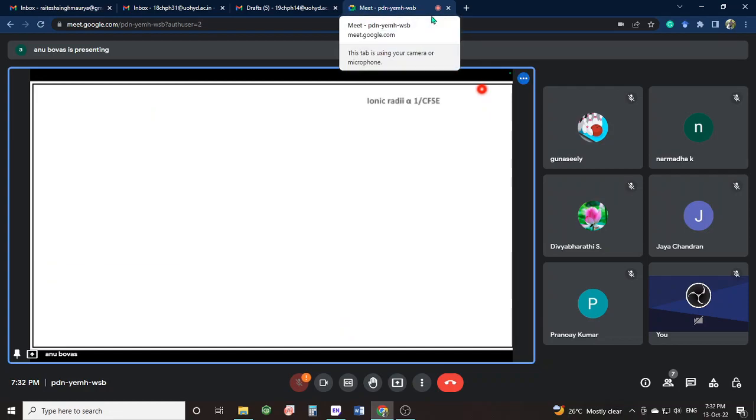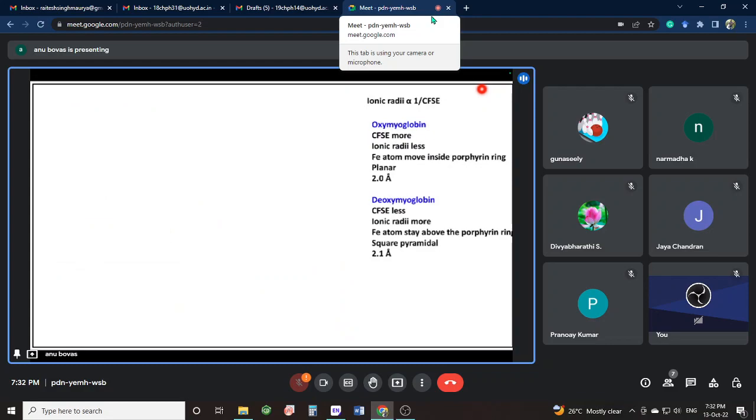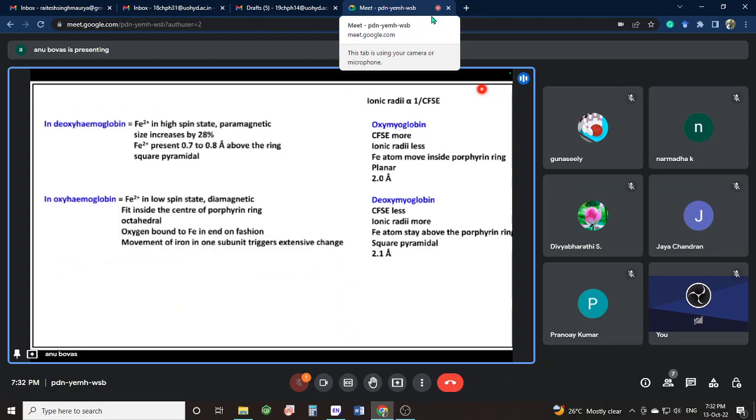Okay. Now, one important thing is that there is a mechanism, cooperativity and all, we will learn. First we will learn about the deoxy state.